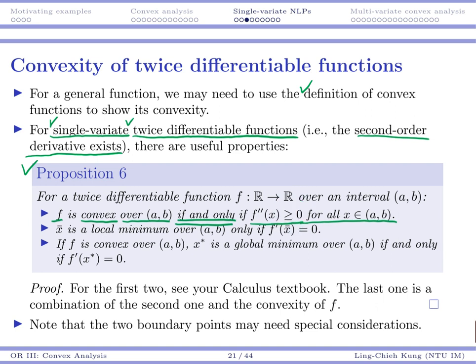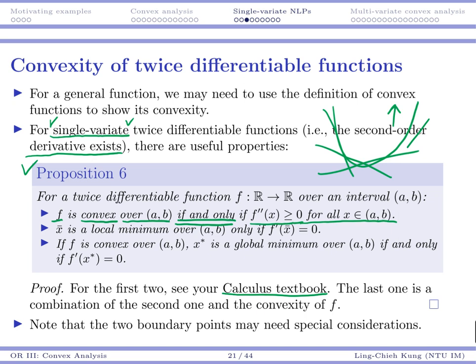So we all know why that is true because we know calculus. When you have a function where the second order derivative is positive, that means the function has an upward curvature because the slope is increasing. The first order derivatives are increasing. Okay, so that's why we have condition 1.